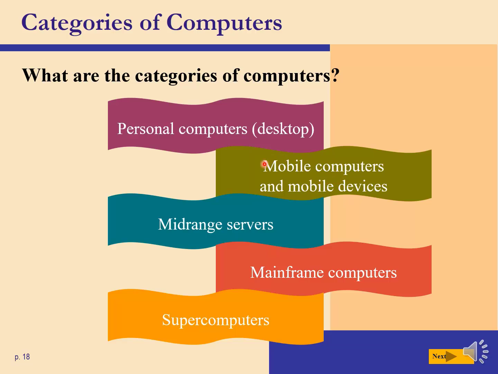Mobile computers and mobile devices we can also use as personal. Mid-range servers are servers with middle power, and we can use them for any organizations. Mainframe computers are the biggest computers and are used by big companies. Supercomputers are powerful computers used in research labs or other big companies.